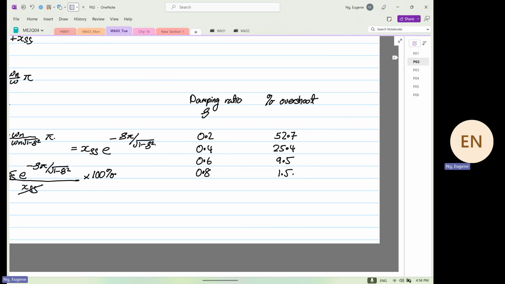So as you can see, if our damping ratio is very small, our overshoot tends to be very what? High. Okay.